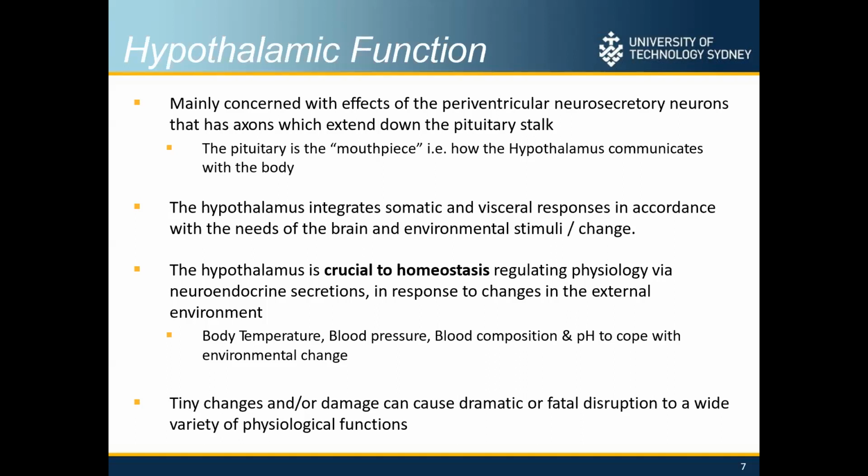Okay. And in this case, when it comes to the hypothalamus playing a role in homeostasis, it makes sure that our physiology works in a way that it maintains it at an optimal level.